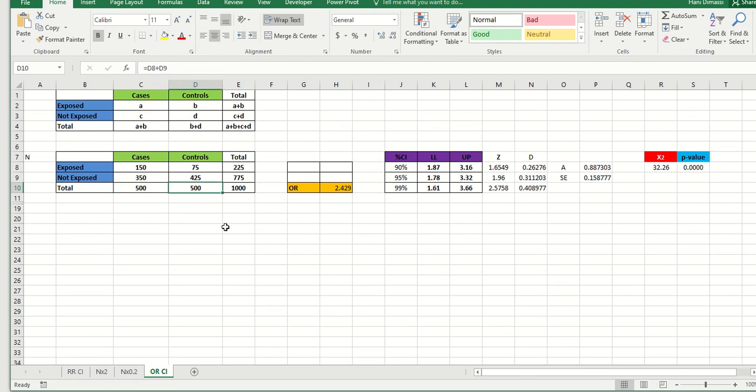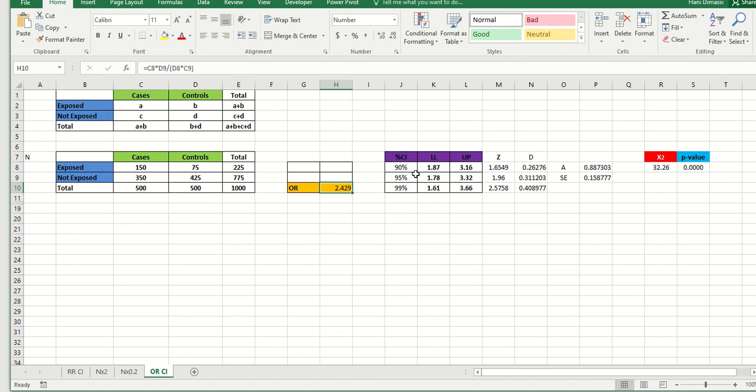This is an indication that it's a case control, and the researcher decided on 500 cases and 500 controls, and therefore you can only calculate within the cases and within the controls. The next thing I'm doing is calculating the odds ratio. It's very simple. 150 times 425 divided by 350 times 75, you get an odds ratio of 2.4. So if you want to interpret this odds ratio, you would say the odds of exposure among cases is 2.4 times higher than among the controls.